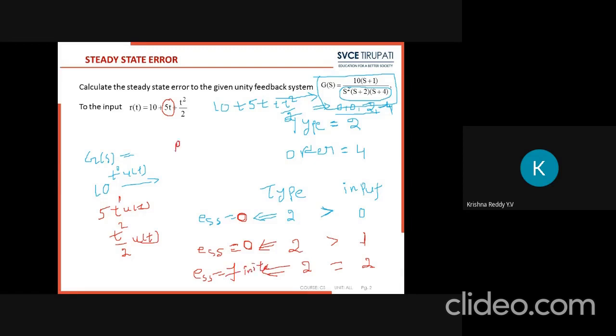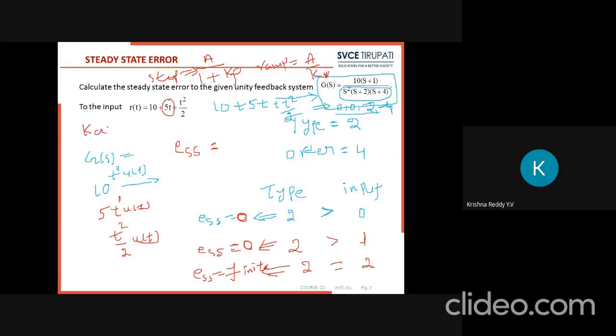The finite amount of steady state error is ESS. When you are given unit step input, we are calculating the steady state error value as A by 1 plus Kp for step input. But when you are given ramp input, the steady state error value is A divided by Kv.